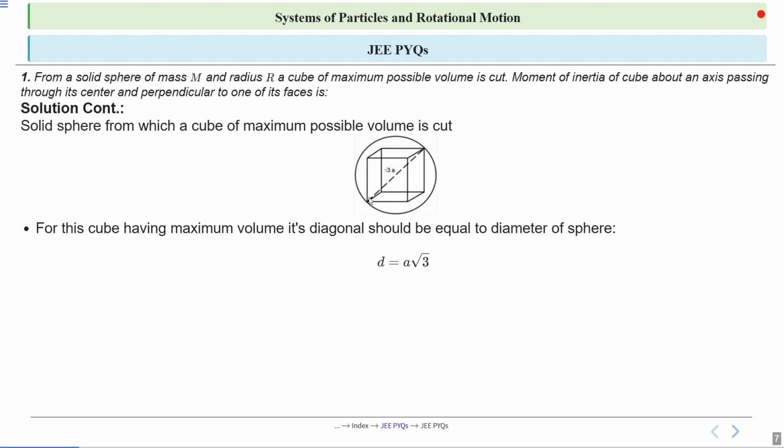It means for the maximum possible volume, the diagonal of the cube is equal to the diameter of the solid sphere. So we can write d is equal to a root 3. So d is 2r and this is equal to a root 3. So a will be 2 divided by root 3 into r.